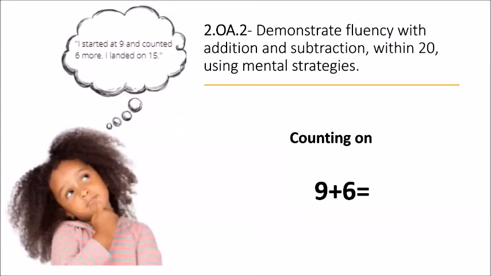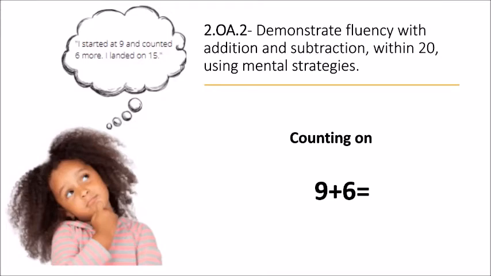Instead of starting at 0, counting on up to 9 and then adding on another 6, the learner would actually start at the number 9. So while she's thinking about this, it may sound something like this. I started at 9 and counted 6 more. I landed on 15. So we are encouraging learners to simply count on from one number to get to the next instead of starting at 0.